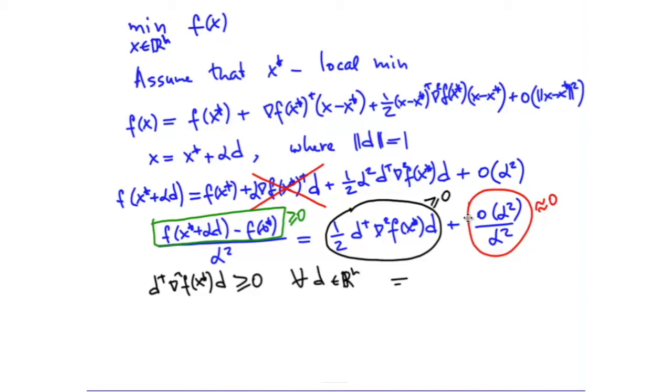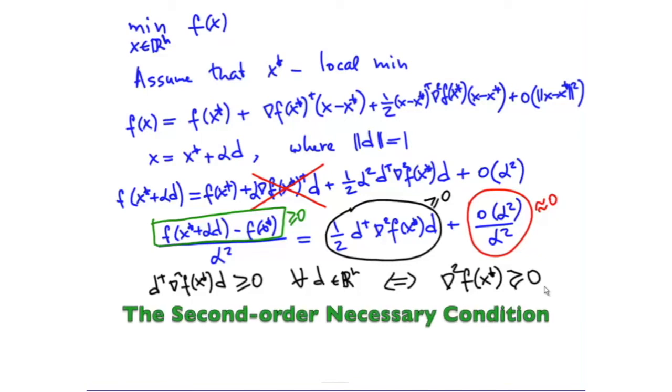By definition, this means that the Hessian of f at x star is a positive semi-definite matrix. So what we have shown here is that if our point x star is a local minimizer, then the Hessian of f at x star must be positive semi-definite. This is what we call the second order necessary condition.